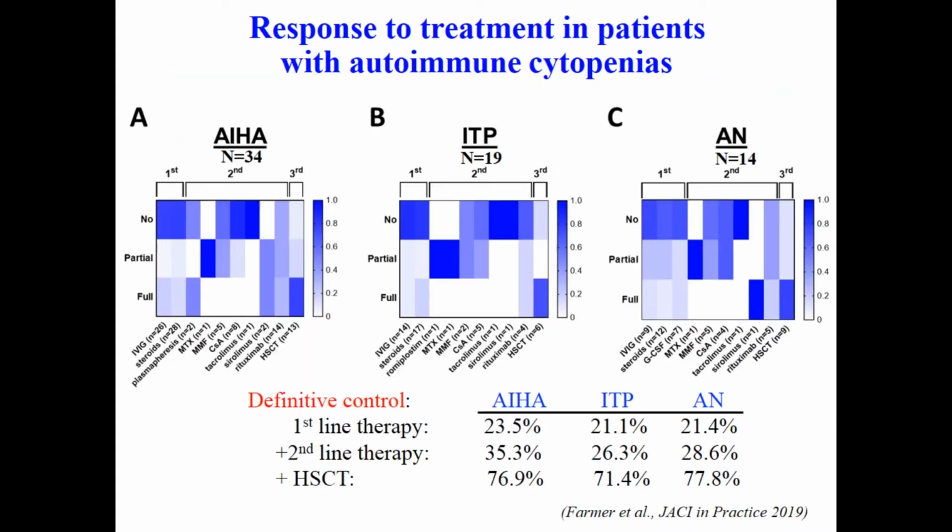These autoimmune cytopenias are very difficult to treat, and unfortunately, this is a lesson that we learned by looking at this series. So typically, one would use high-dose intravenous immunoglobulin and steroids to treat autoimmune hemolytic anemia and also ITP, but you see that only 20-23% of the patients responded to this first line of treatment. So in many cases, the physicians had to use alternative drugs.